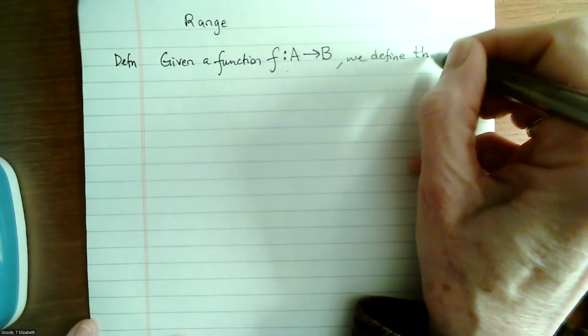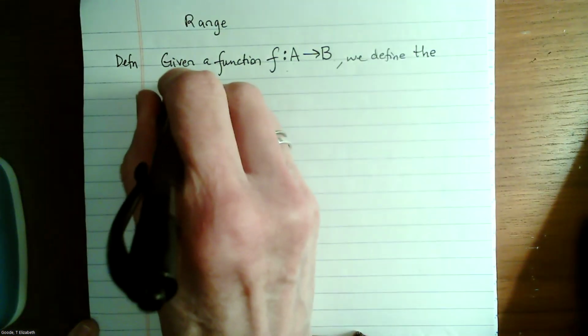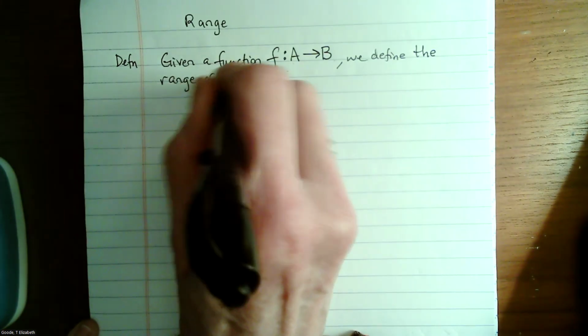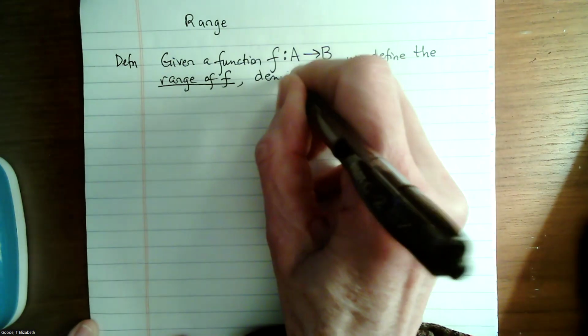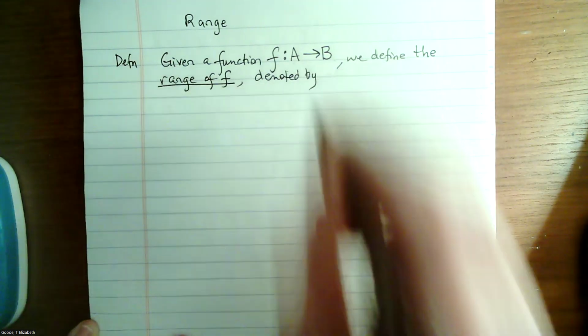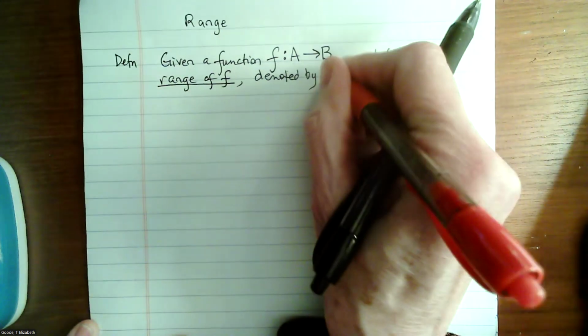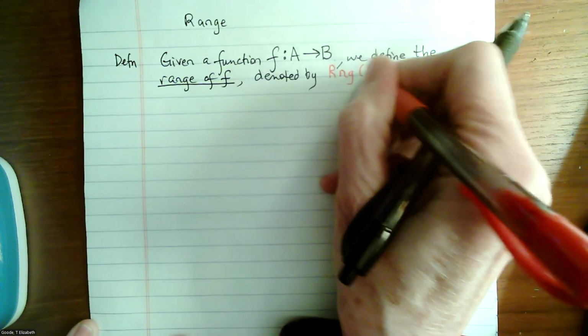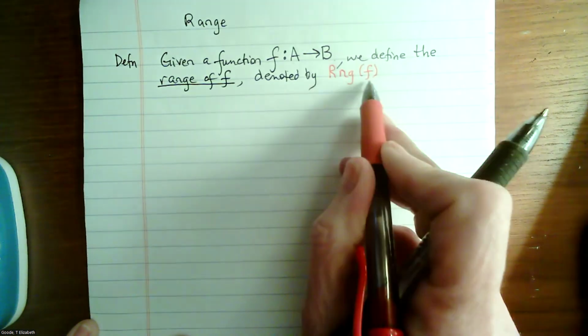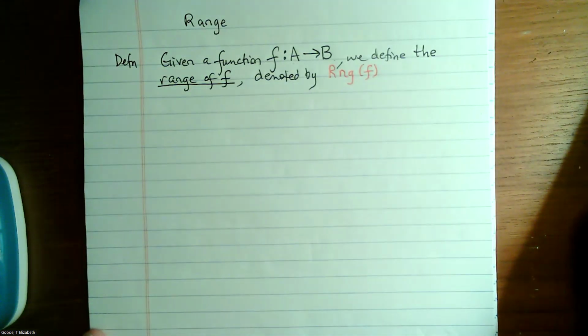We define the range of f, and it's denoted by rng of f. We just read that range of f as follows.